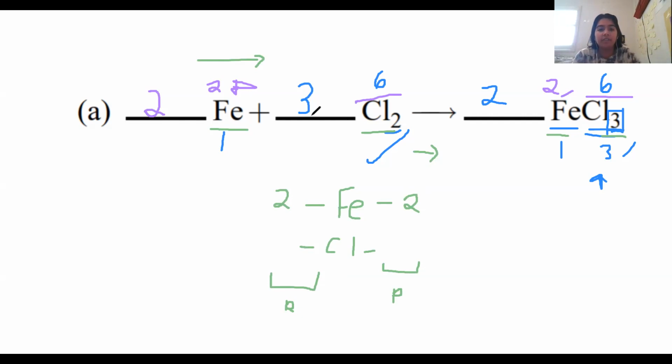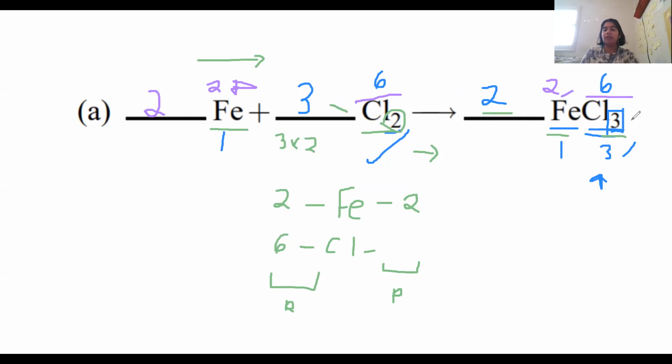And then we have 3 here times this 2 right here. So 3 times 2, that gives us what? That gives us 6. So we have 6 Cl's here, and then we have 2. This 2 applies to everything in this molecule.